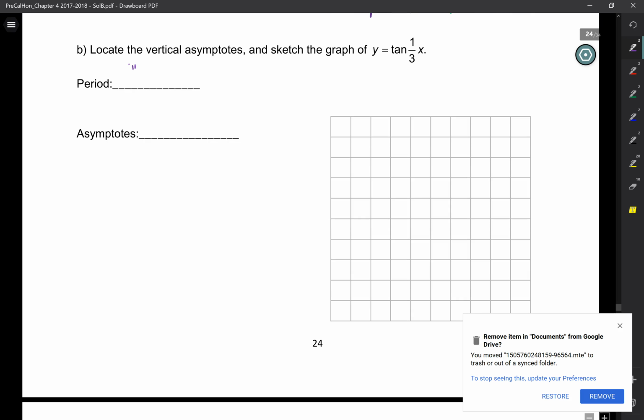So here, it's pi over 1/3, which is 3 pi, okay? Asymptotes, we're going to take 1 over 3x, and we're going to bound them.